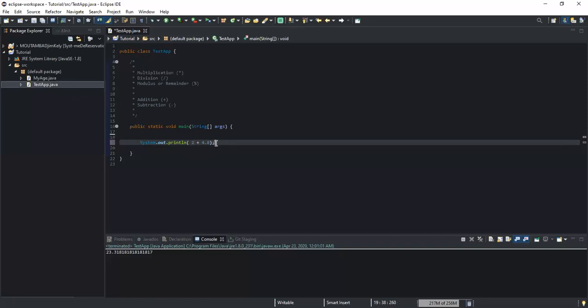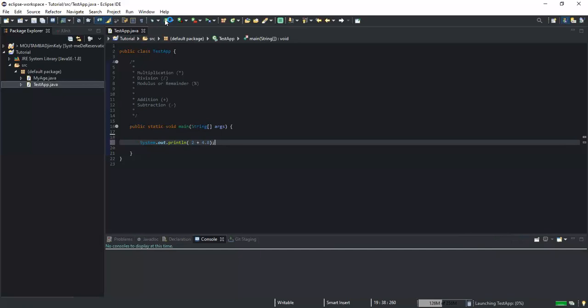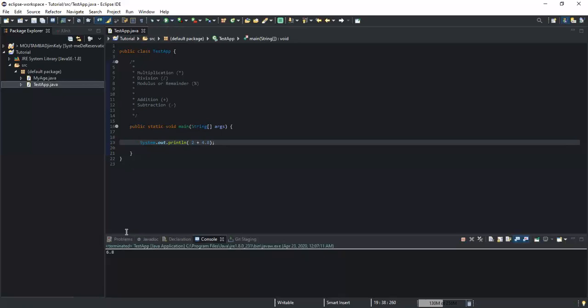This necessarily means that the result that we're going to get is going to be a floating point number or a decimal number, because an integer is going to be treated as a decimal number, and the decimal number is also going to be treated as a decimal number. So if I run this, you will see that I will get 6.8.